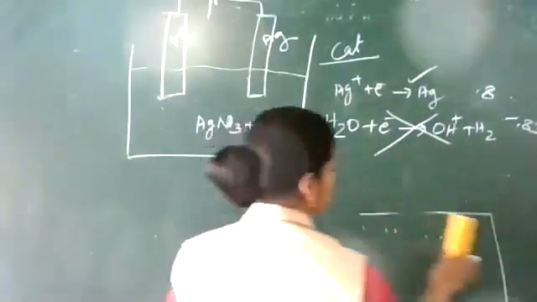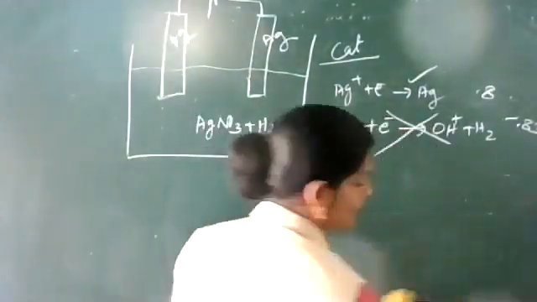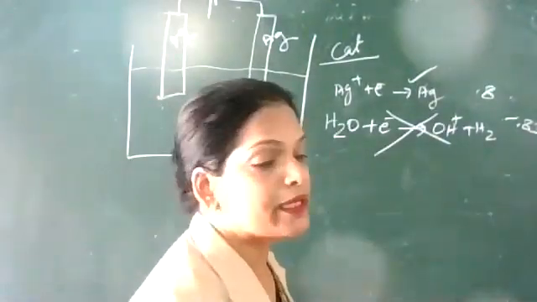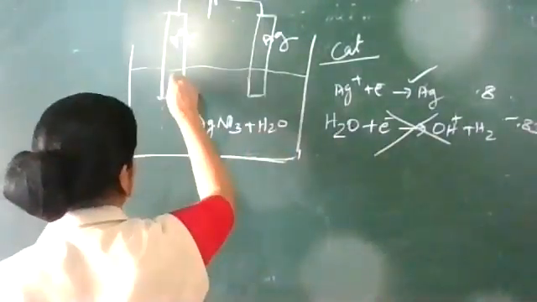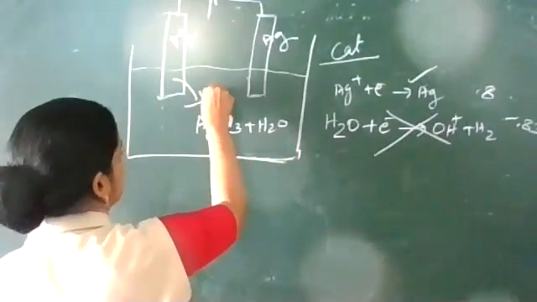And at the anode, since it is attackable, the electrode will get dissolved, meaning Ag will change to Ag plus.